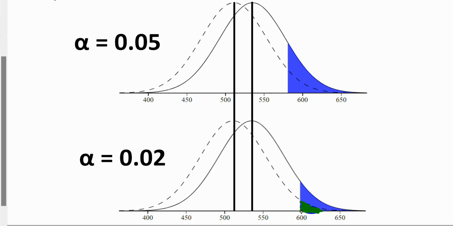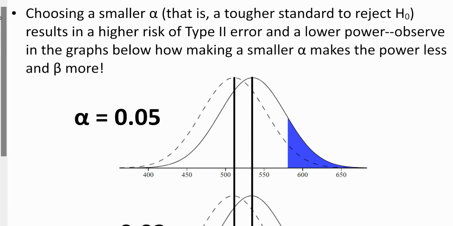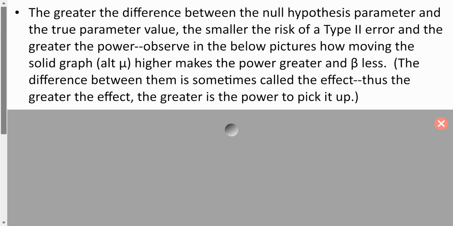So that visual kind of maybe helps, maybe doesn't, but get the idea that if you make it tougher to reject, that makes it a higher chance of failing to reject when maybe you should have. So it increases the type 2 error chance, lowers your power overall.